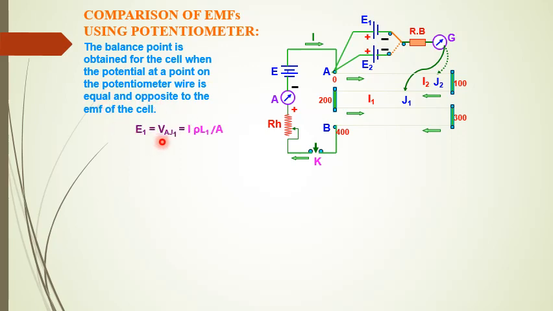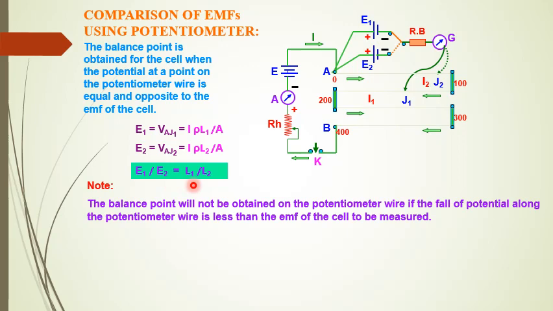E1 will be equal to V_AJ1, or we can write it as I rho L1 upon A. E2 is equal to V_AJ2, which is I rho L2 upon A, or we can divide E1 by E2, that is equal to L1 by L2.